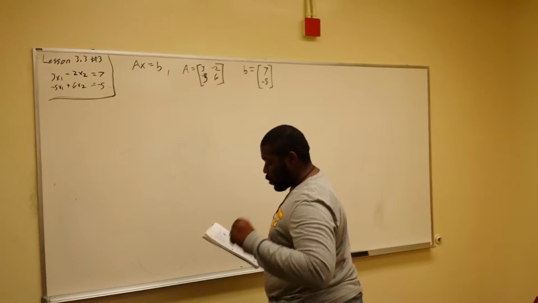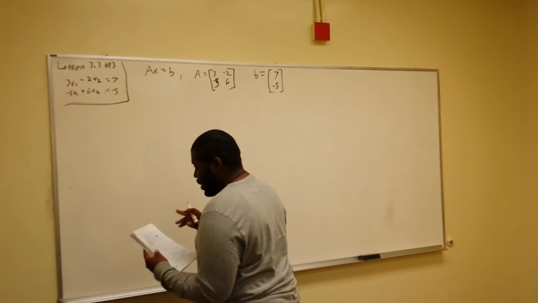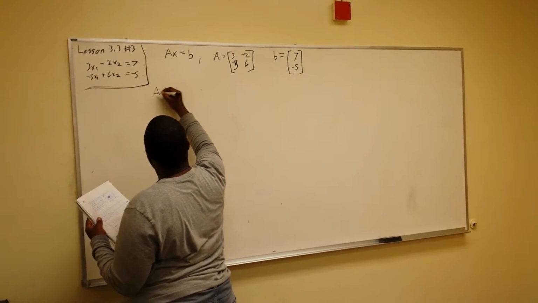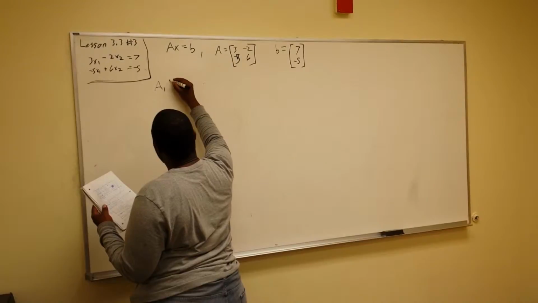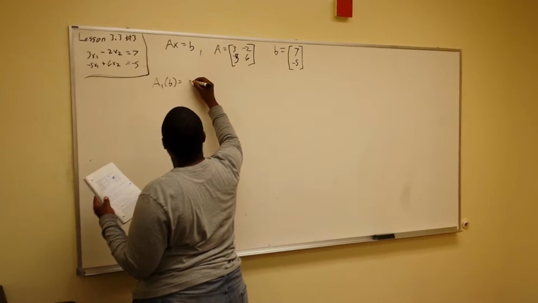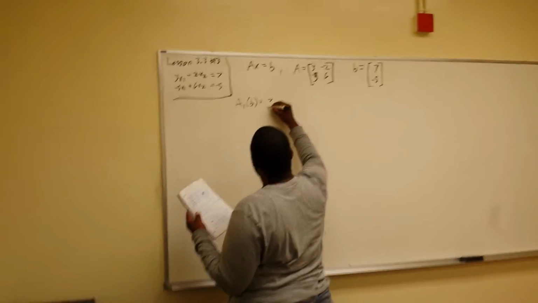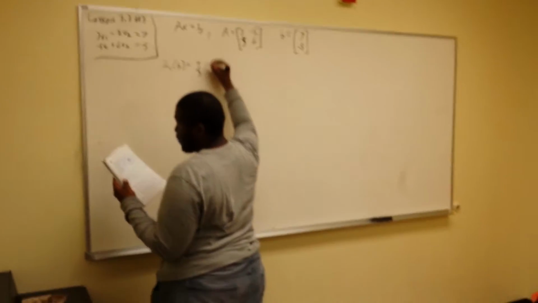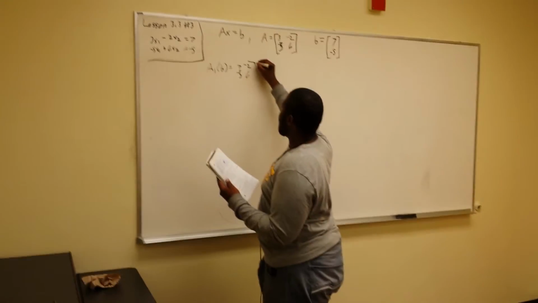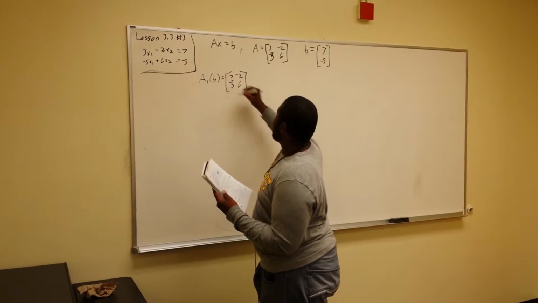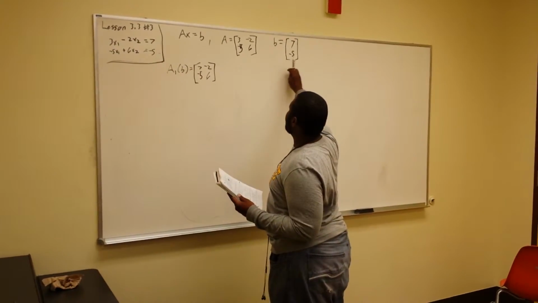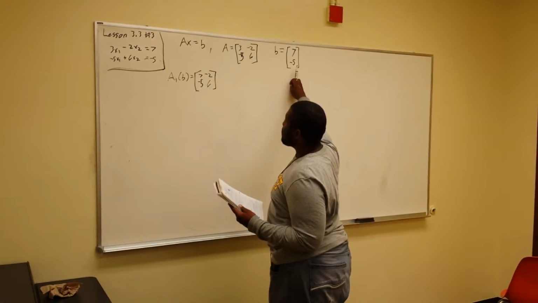Okay, so we're going to calculate A1 of B, which is equal to 7, negative 5, negative 2, and 6. We get the first half of this from B, which is 7, negative 5.